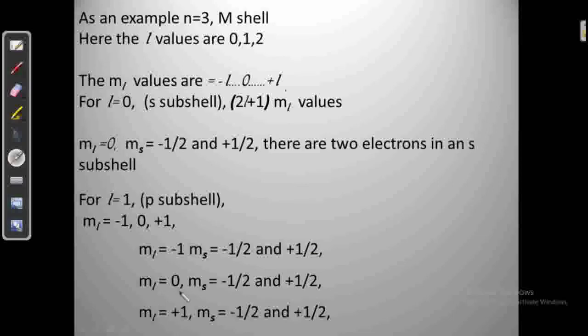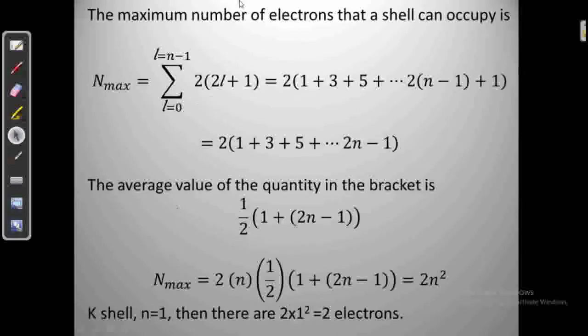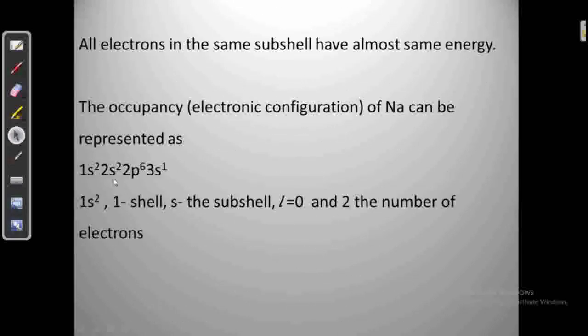Again, ml equal to 0, ms will be minus half and plus half. Then ml equal to plus 1, ms will be minus half and plus half. So when L equal to 1, that is the p subshell, there are 2 plus 2 plus 2, that is 6 electrons that can be accommodated in a p subshell.